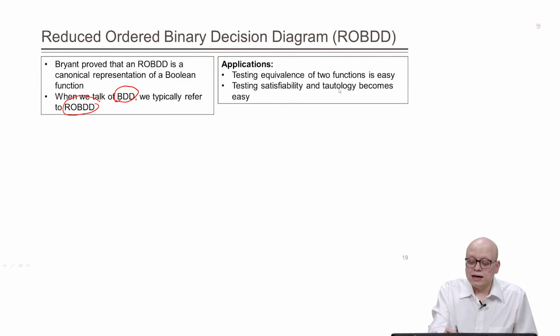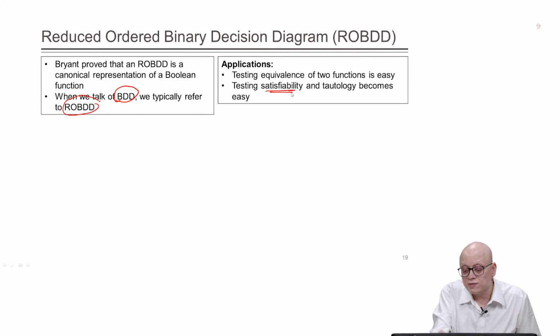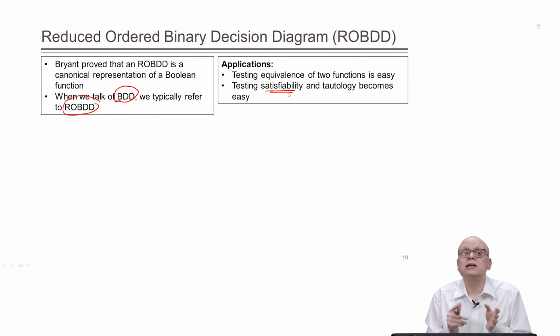And then testing satisfiability, meaning that given a function, can a variable assignment be made such that the function takes a value of 1, right. Just by looking at the BDD and checking whether there is a path from that node to the one node, we can say whether it is satisfiable or not.